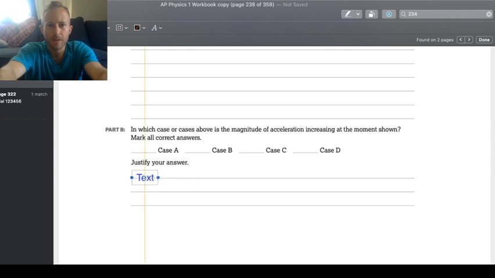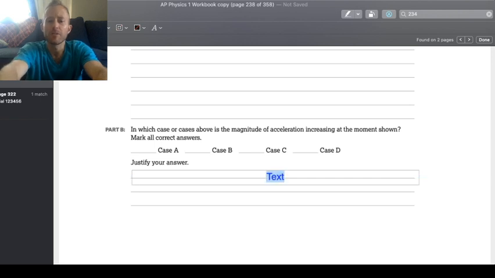I would say F equals ma. So if the force is increasing, so is the acceleration.